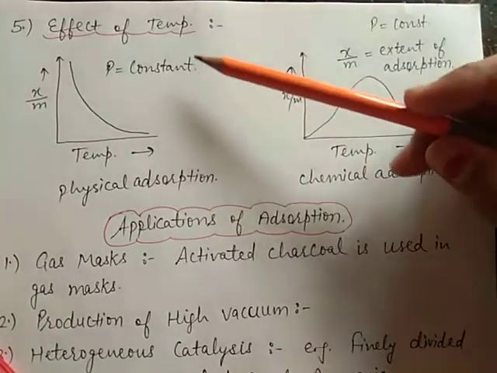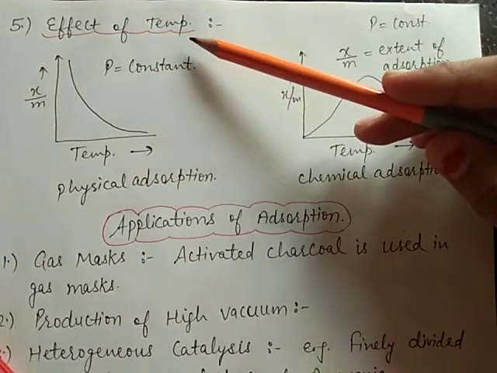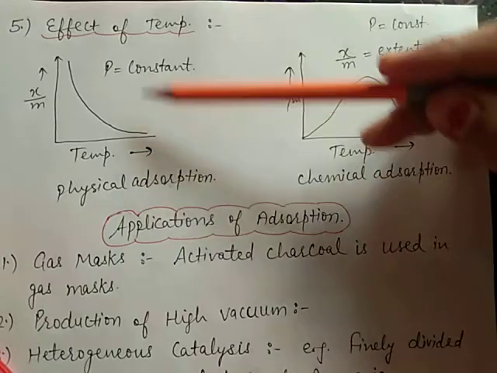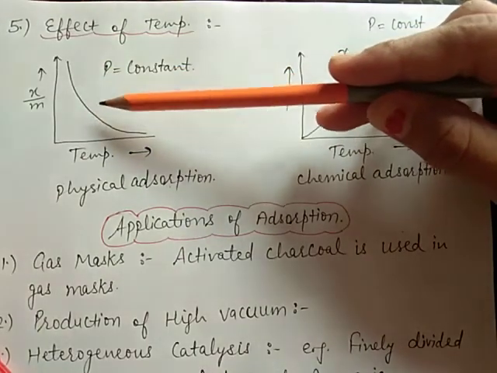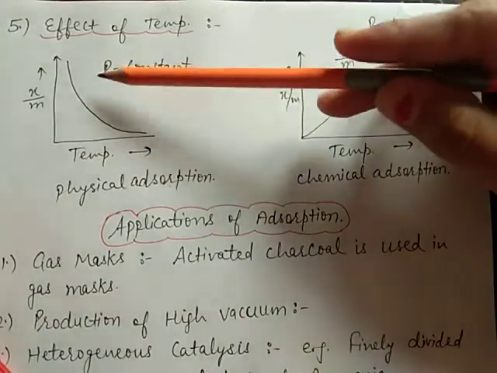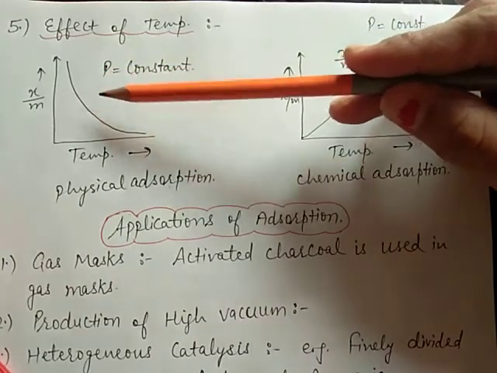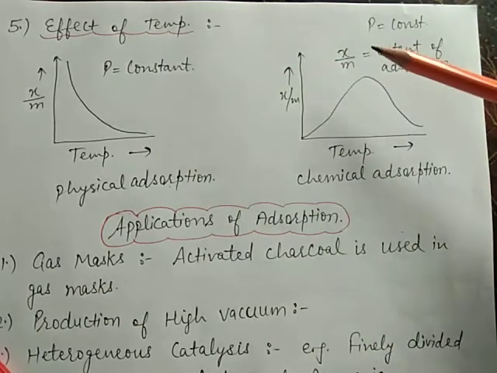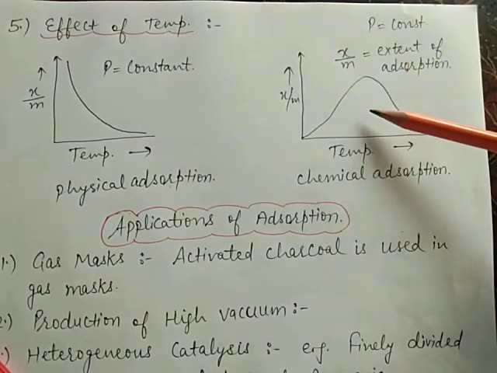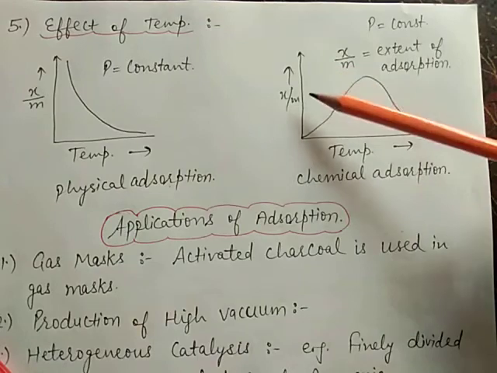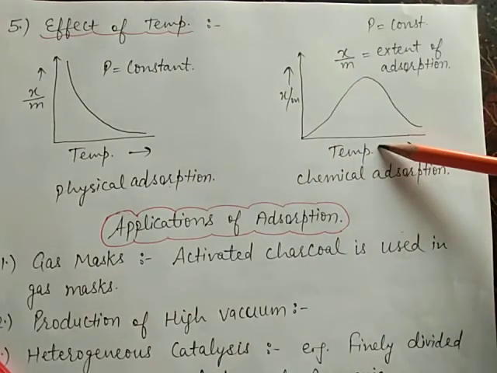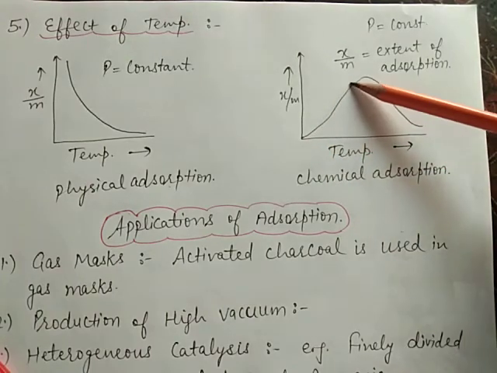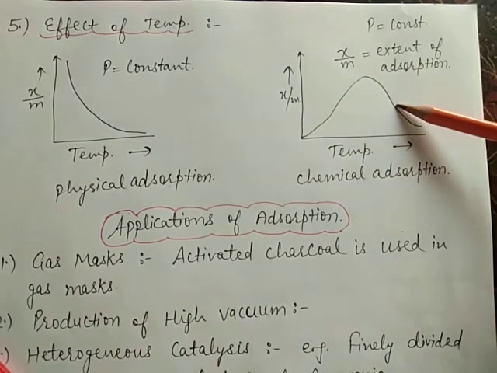Now the next factor is the effect of temperature. In physical adsorption, as the temperature increases, the extent of adsorption decreases. In case of chemical adsorption, if the temperature increases, the extent of adsorption first increases and then decreases.